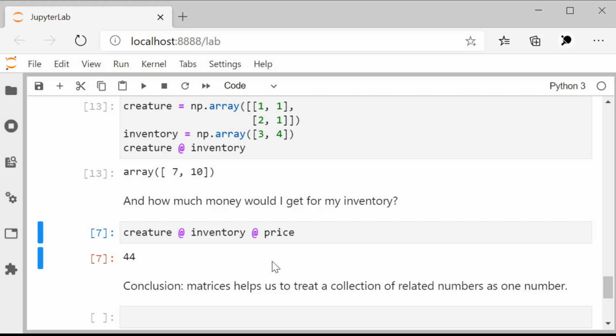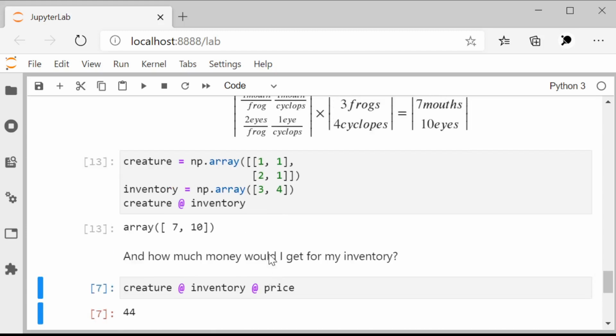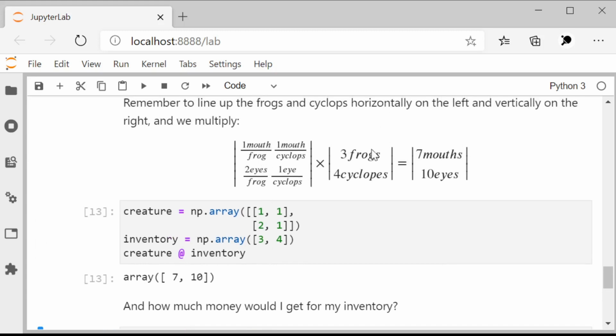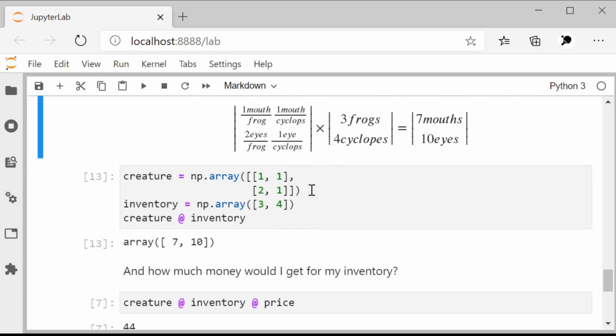I do recommend, if you're not familiar with the operations of matrices, just look it up and find out the rules. Then you'll understand how we can multiply matrices and get our answers like this.